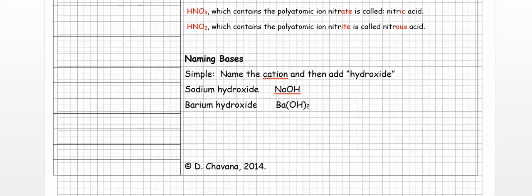It's very, very simple. We simply name the cation and then add this ending, hydroxide. So NaOH would be sodium hydroxide. NaOH, sodium hydroxide. Barium hydroxide would be Ba(OH)2, right? Ba(OH)2 is barium hydroxide.